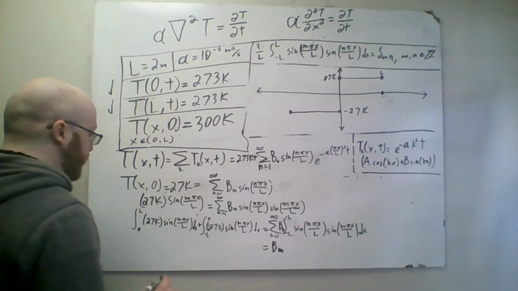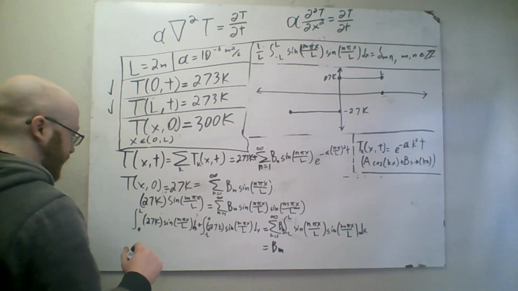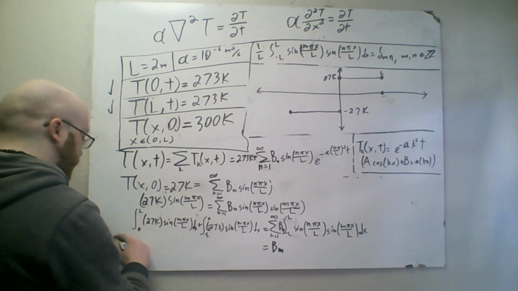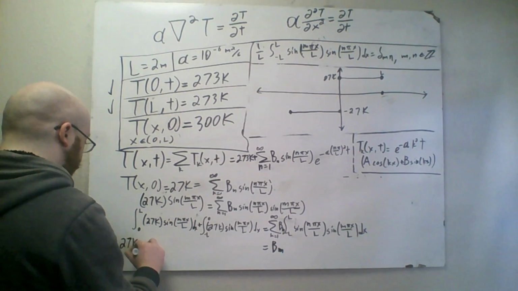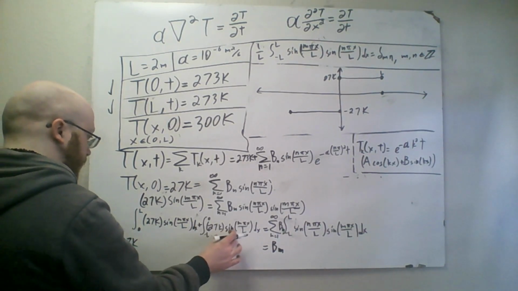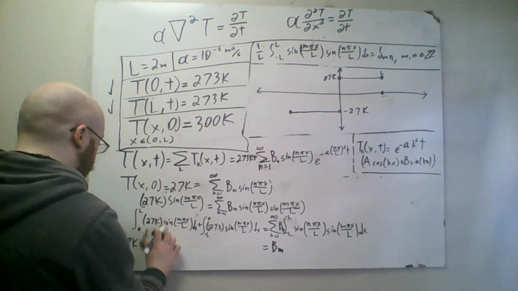So now we just need to do this integral. This is going to be the integral of, this is negative cosine, so I'm going to pull the 27k out front. And then, yeah, I could just do it.